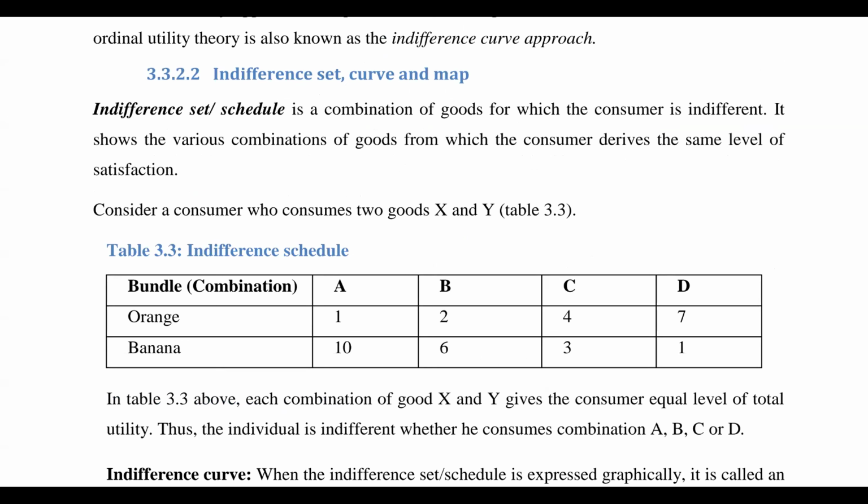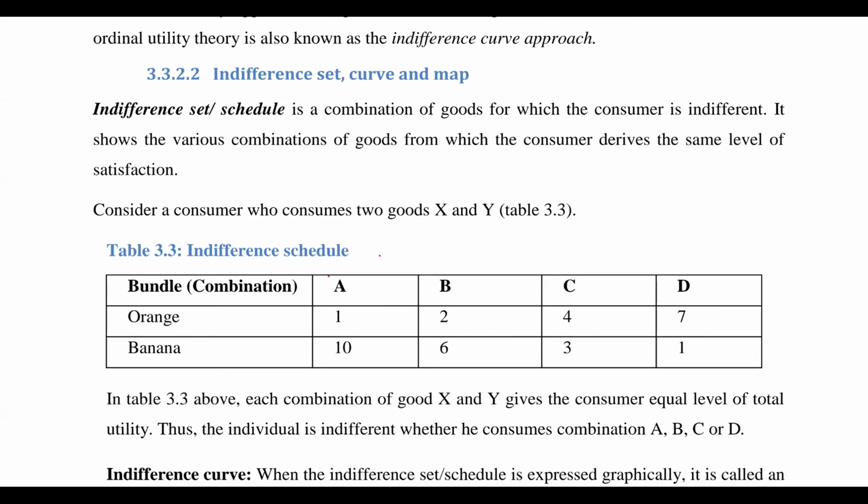This time around, you have 2 commodities, oranges and bananas. You are consuming these numbers. Let's say for oranges, the numbers are increasing as you move to the right. But if you're observant, you would see that at point A, these are different points. So these are bundles or combinations, right?